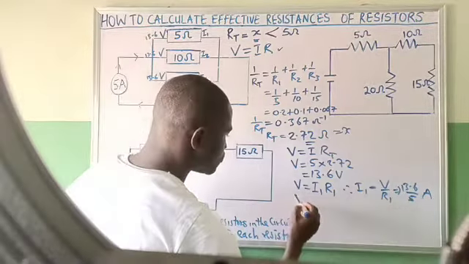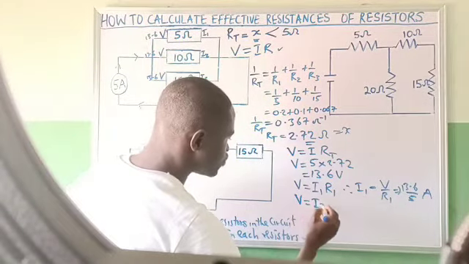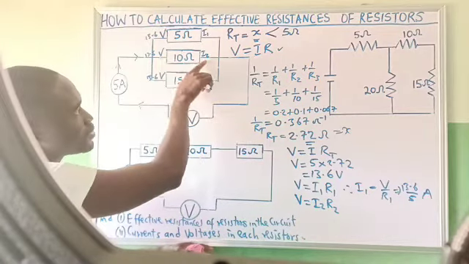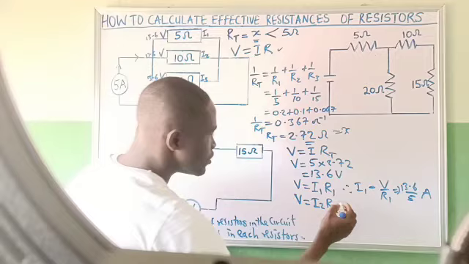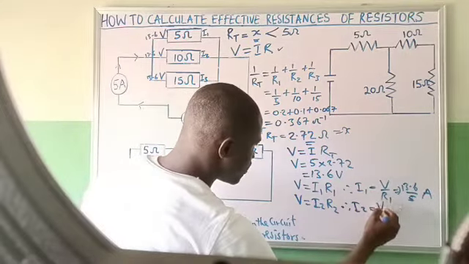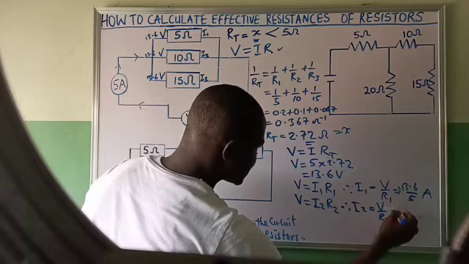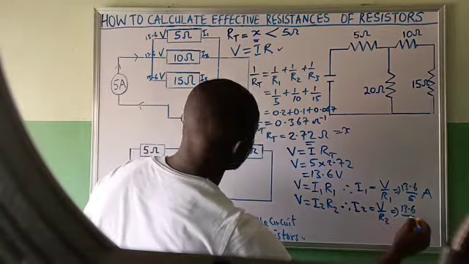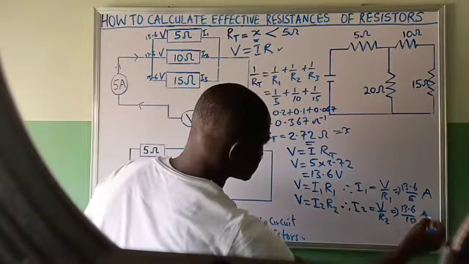For I2, V equals I2 R2, because they have the same voltage but different current and different resistor. Therefore, I2 will be equal to V over R2, that is 13.6 over 10 amperes.